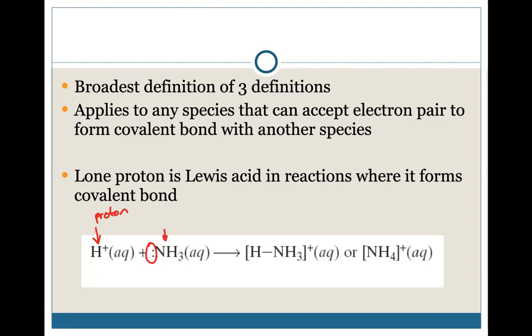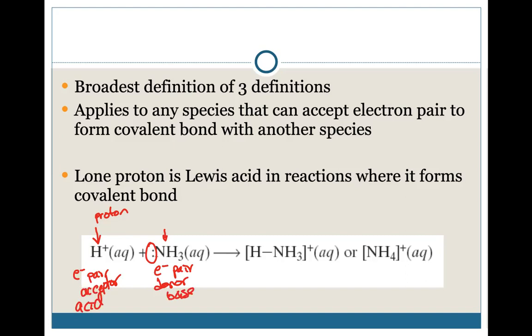It's still a regular covalent bond, but it's not one atom sharing an electron with another atom. You've got one atom that has both electrons and it's going to share them. It's like charity almost. So in this example, the hydrogen ion is the electron pair acceptor, which makes it the acid, and ammonia is the electron pair donor, which makes it the base.